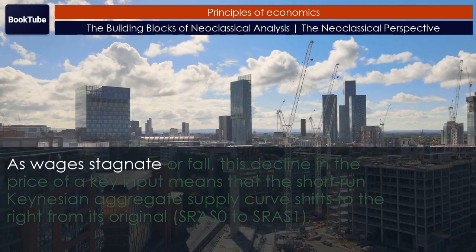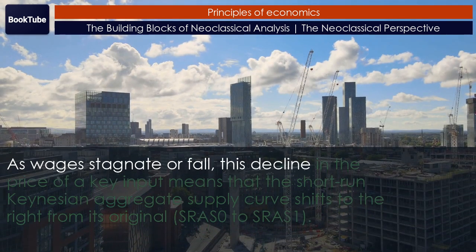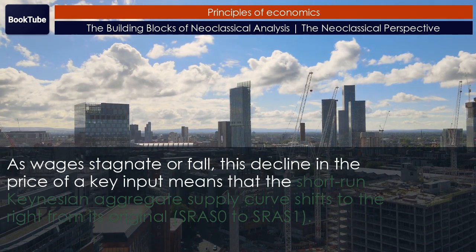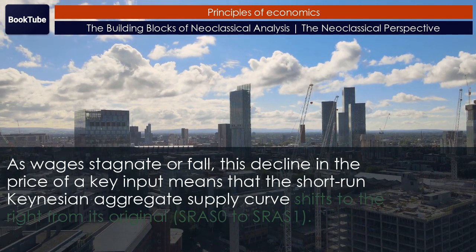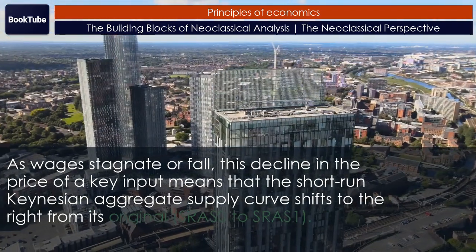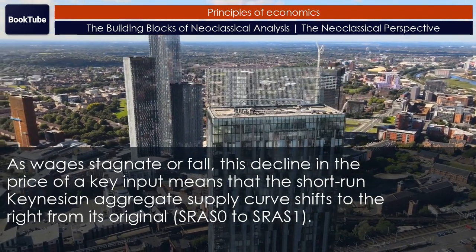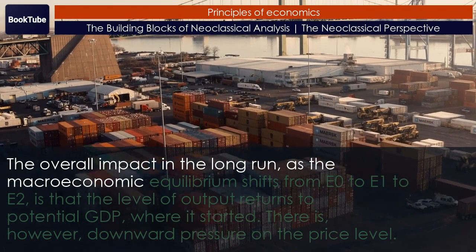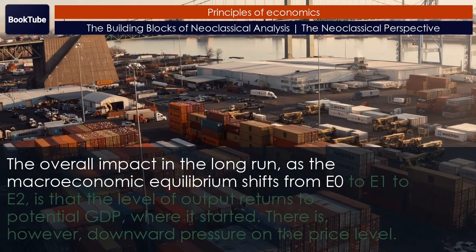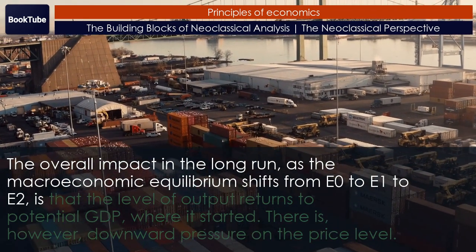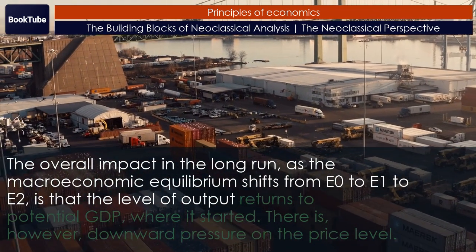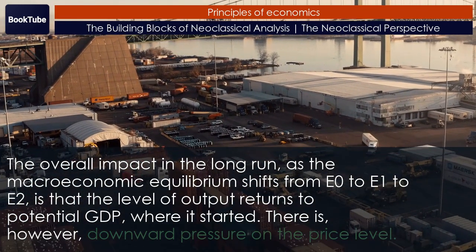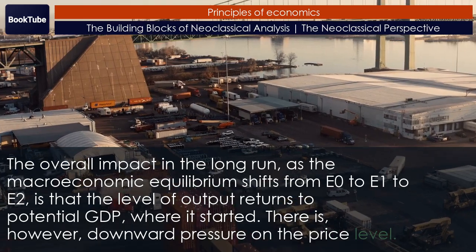As wages stagnate or fall, this decline in the price of a key input means that the short-run Keynesian aggregate supply curve shifts to the right from its original SRAS0 to SRAS1. The overall impact in the long run, as the macroeconomic equilibrium shifts from E0 to E1 to E2, is that the level of output returns to potential GDP, where it started. There is, however, downward pressure on the price level.